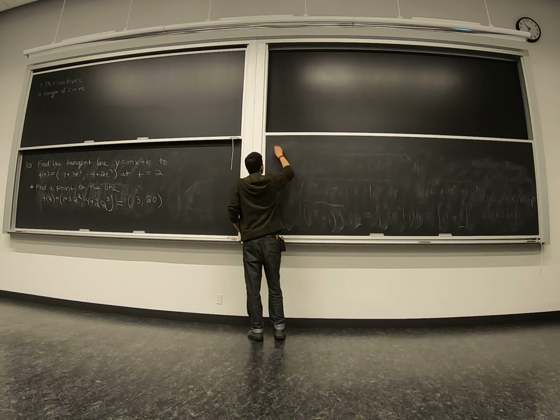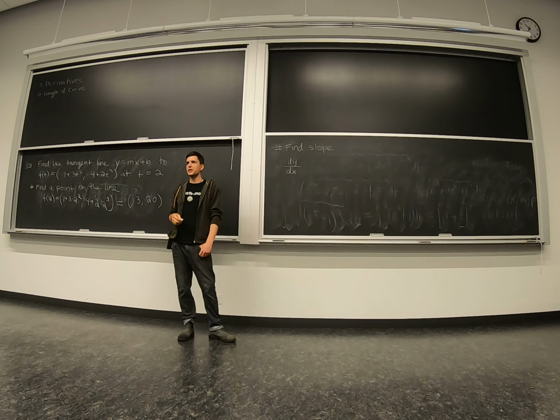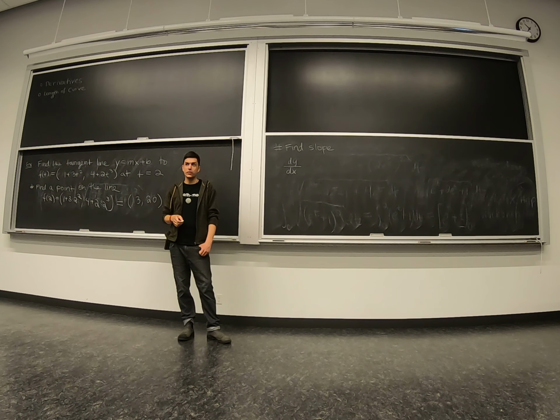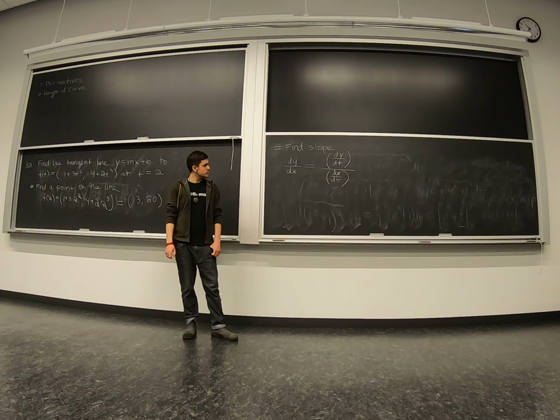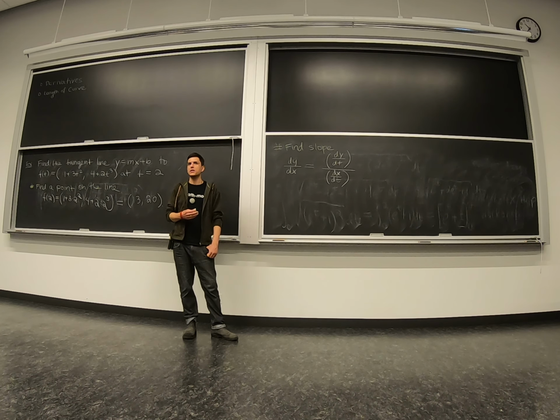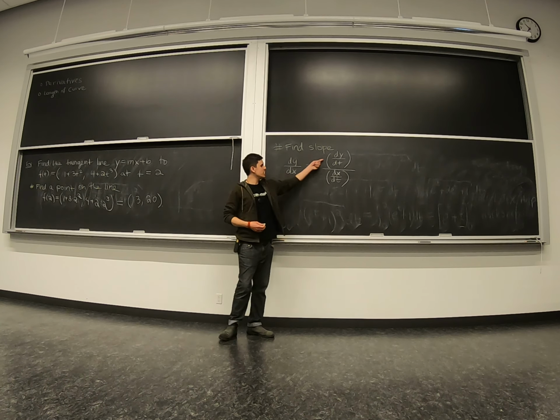So our slope, right, usually we write it as the change in y divided by the change in x. Now we're going to use our knowledge of parametric curves to say that this is dy/dt over dx/dt, and now we need the derivatives of the y-coordinate and the x-coordinate.